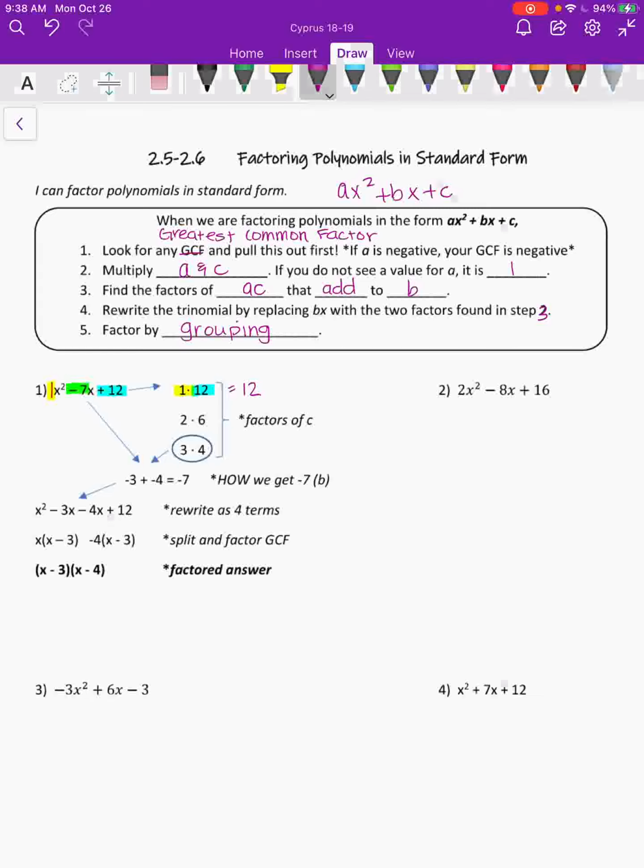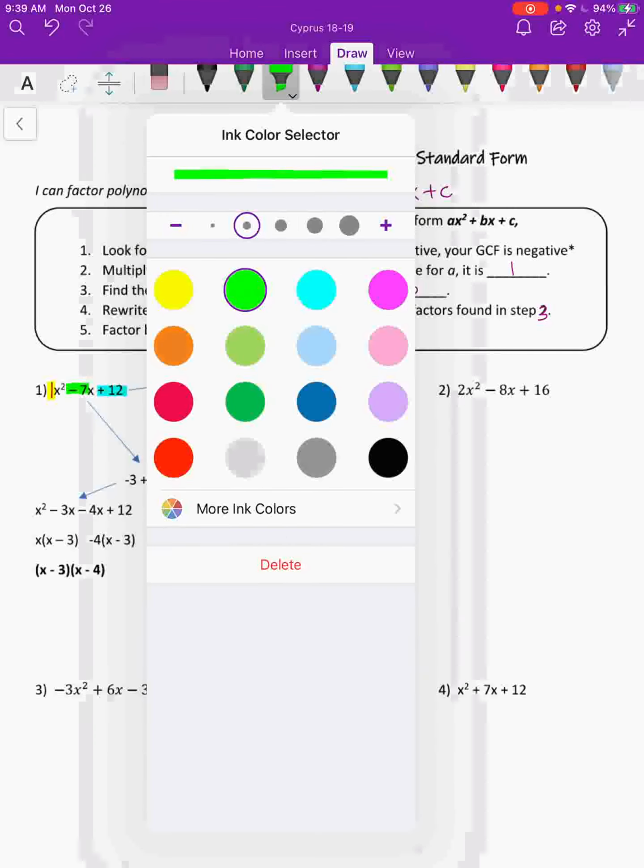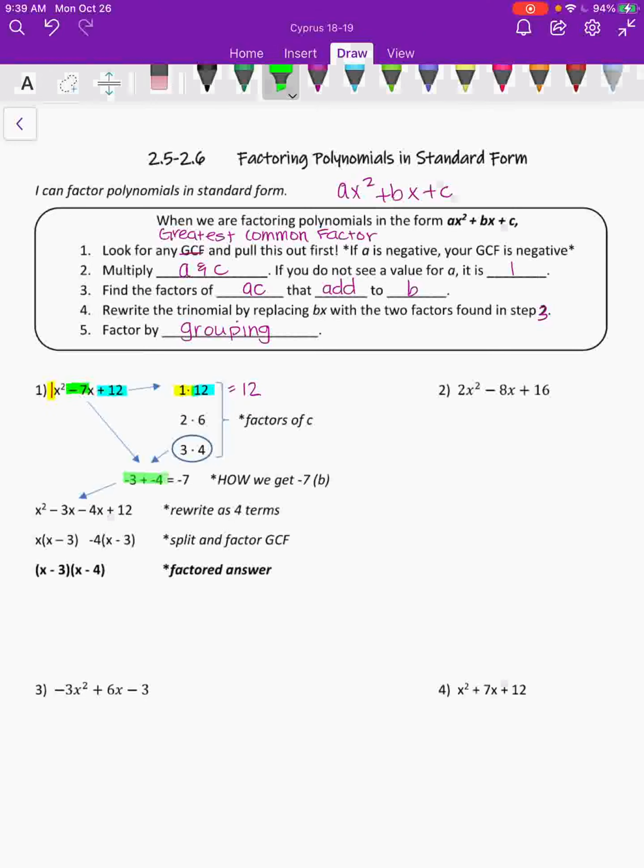And then 2 times 6 also gives me 12. 3 times 4 also gives me 12. So out of those options, what combination will add to get 7? That's why we have that 3 times 4 circled, because 3 times 4 is 12, but negative 3 plus negative 4 gives me negative 7. How do we get negative 7? Negative 3 plus negative 4. Okay, so that was step 3.